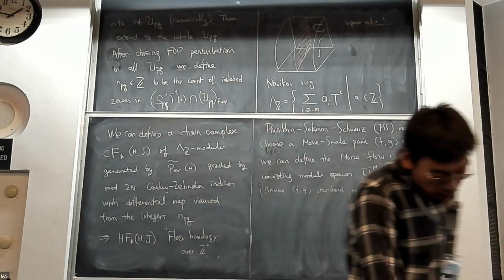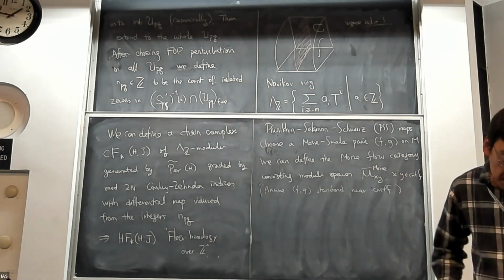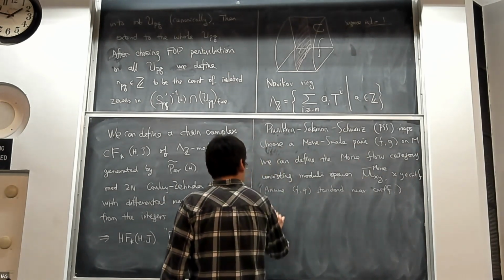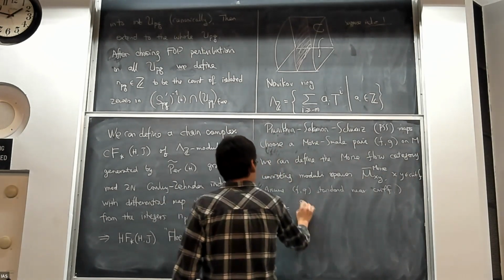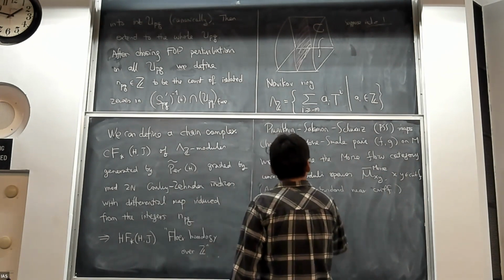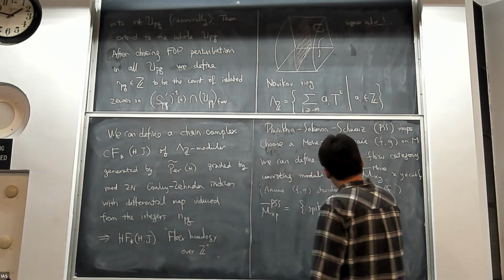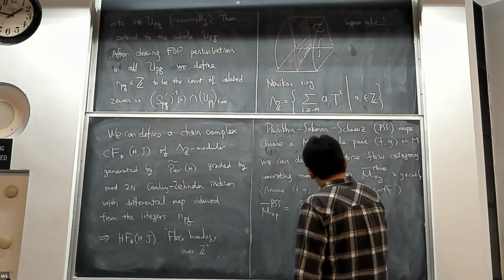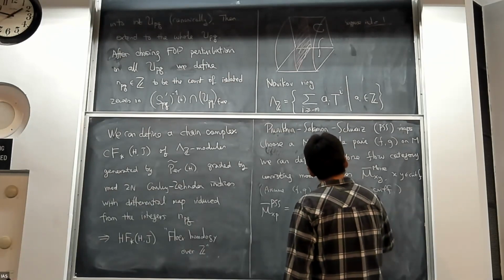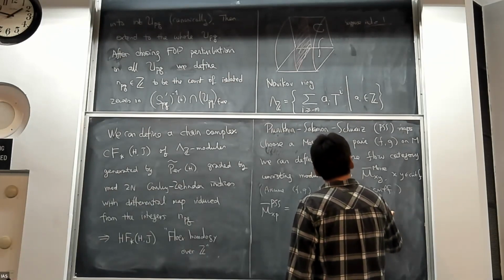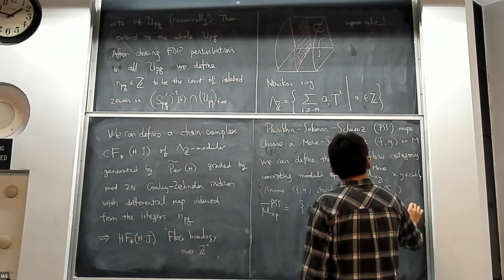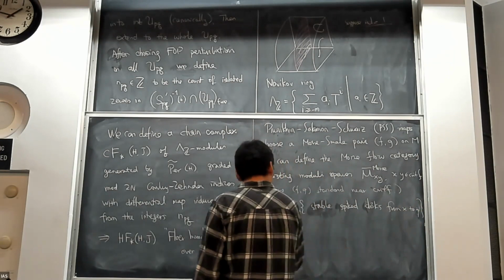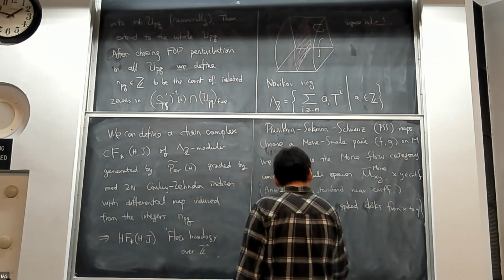Okay, so then we consider this moduli space of stable spiked disks, from X to Q, X to P, which means configurations like this.